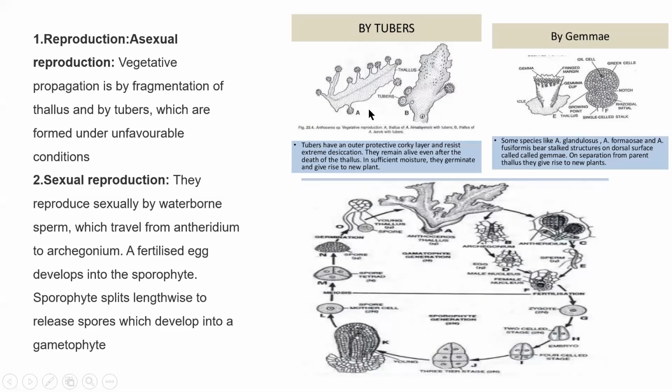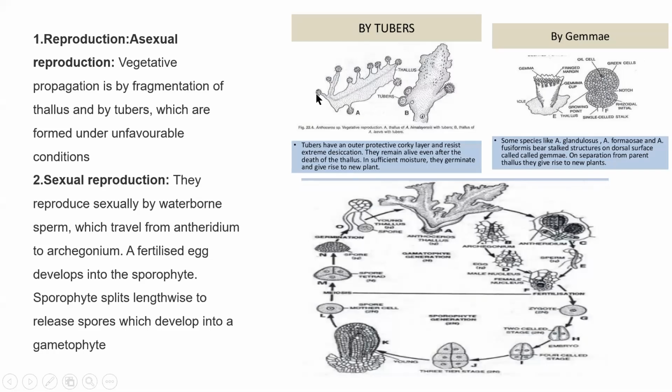Okay, and the tubers are actually covered by cork, which helps the plant to survive the dry condition. So even if the thallus is not able to survive, the tubers will survive.